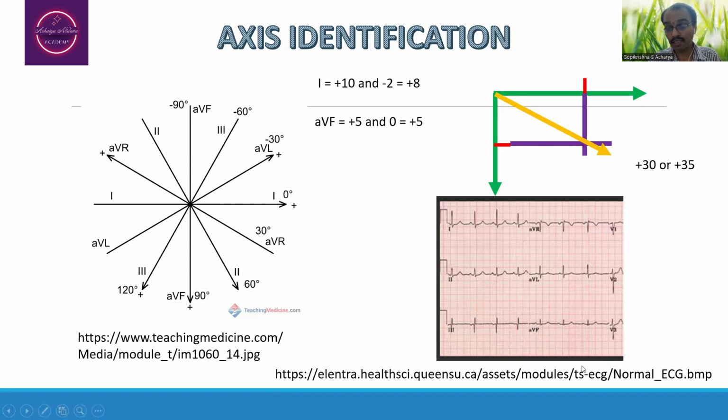So this is the ECG strip. That's what we are observing from the past examples in the previous slides. This is what we can call the axis wheel. If you take lead 1, that is here, this is being considered to be lead 1.